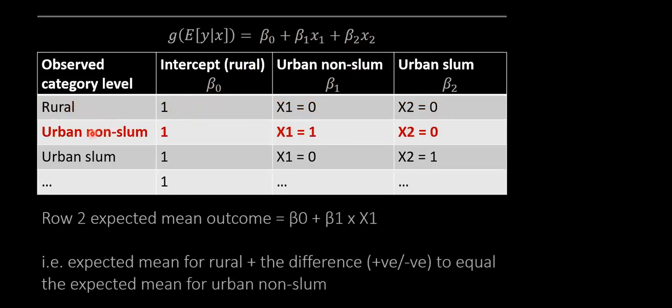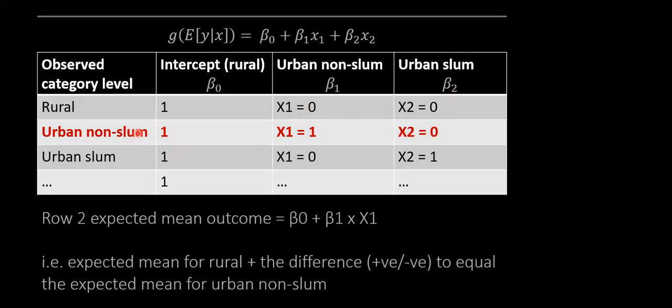And then let's look at the second row. Now we've got an observation of a facility in an urban non-slum area. The linear predictor is the intercept, which is the expected mean for being rural, plus the difference that takes us to the expected mean for an observation in a non-slum area. Our x1, the independent variable for being in non-slum, is now switched on, it's a 1, and our independent variable for being in a slum is switched off.